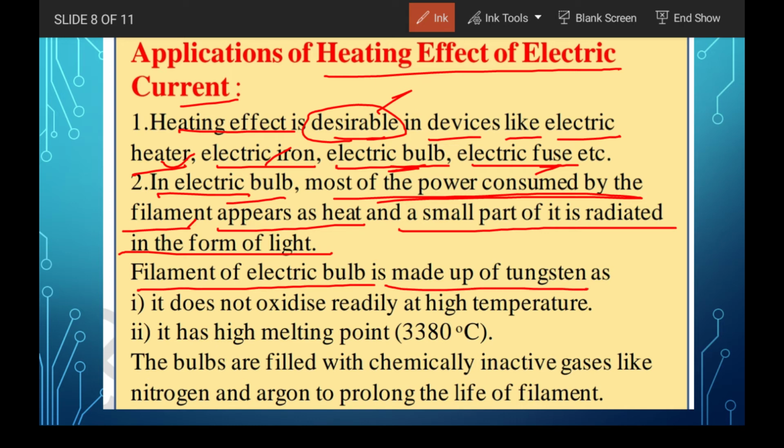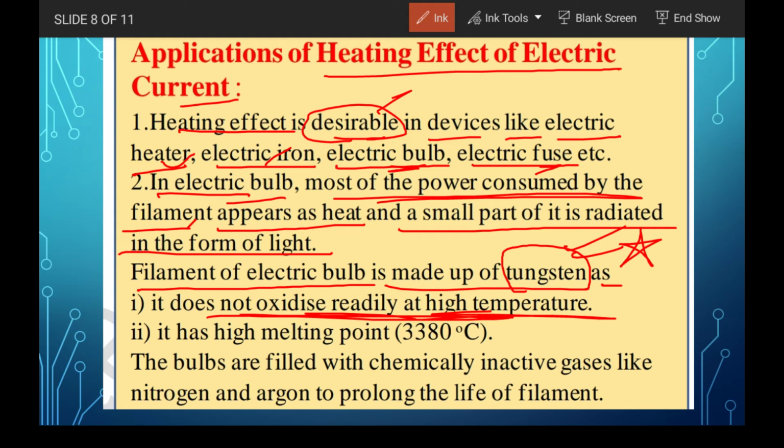Now what about the filament of the electric bulb? It is made up of tungsten metal, very important from the examination point of view, as it does not oxidize readily at high temperature. When your electric bulb is switched on for a very long time, it will reach a high temperature.